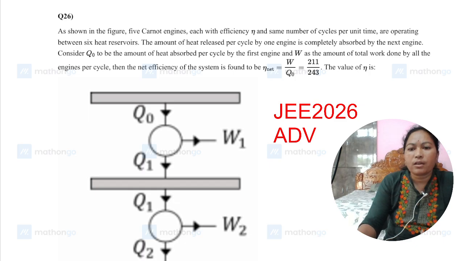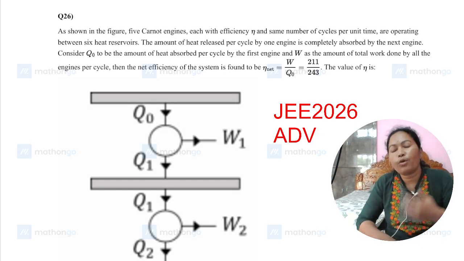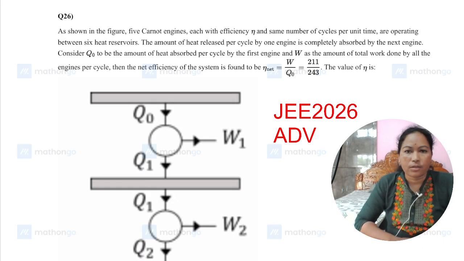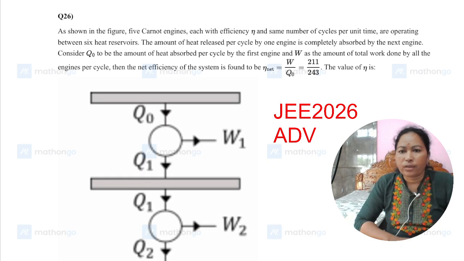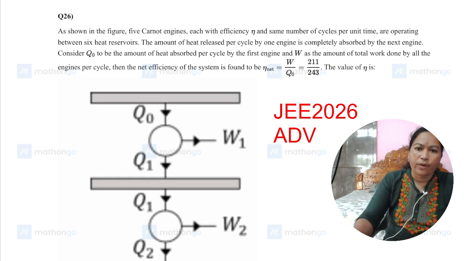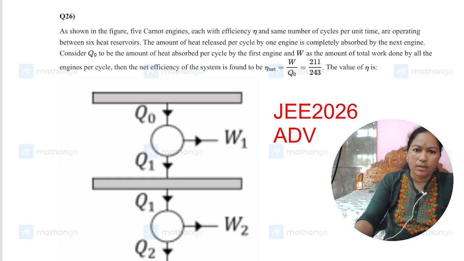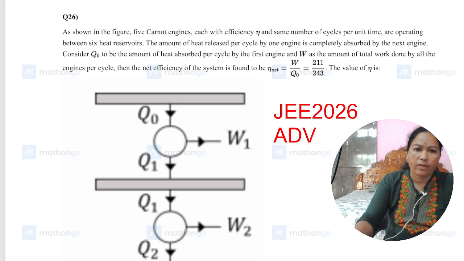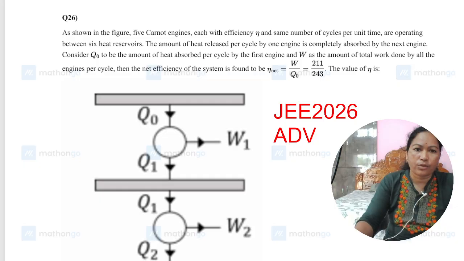It does some work W2, and after that it rejects Q2 heat, and Q2 heat is absorbed by the third engine. It follows up to the 5 engines. Now let's find the value of eta in these 5 Carnot cycles. Let's go for the solution.